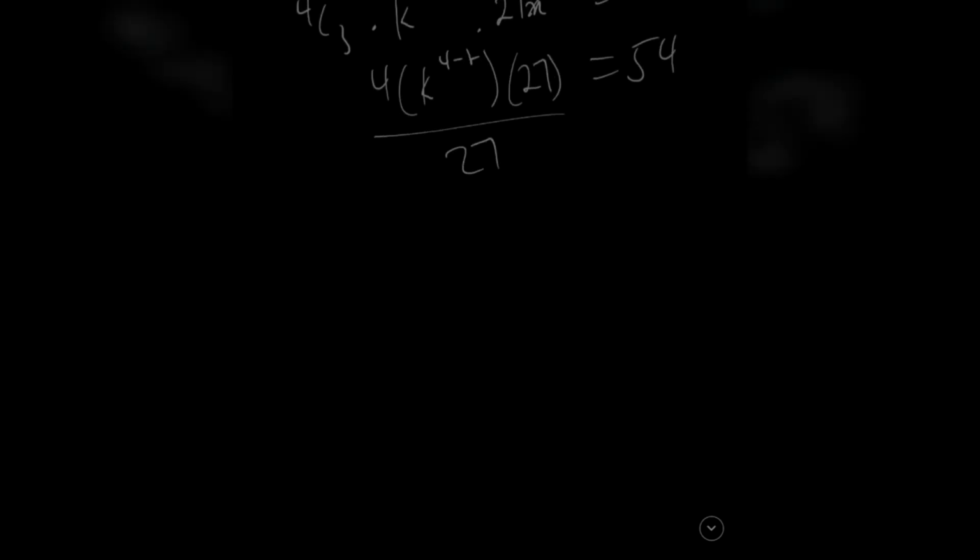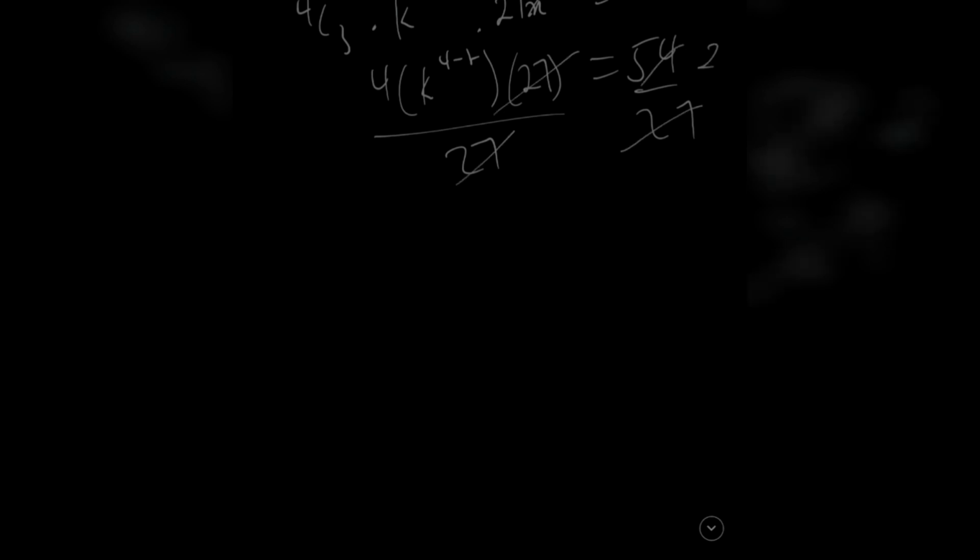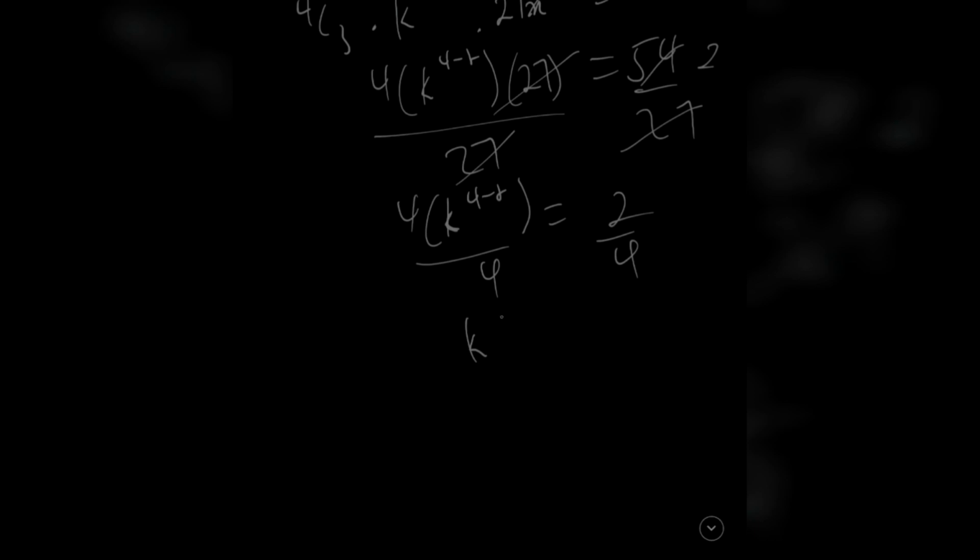We can divide through by 27, so we have 2 over here. So we have 4 multiplying k power 4 minus r being equal to 2. Dividing through by 4, we get k raised to the power 4 minus r equals half, which is the same thing as 2 power minus 1.